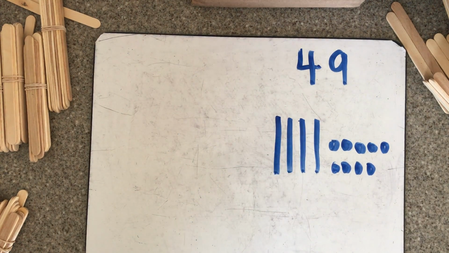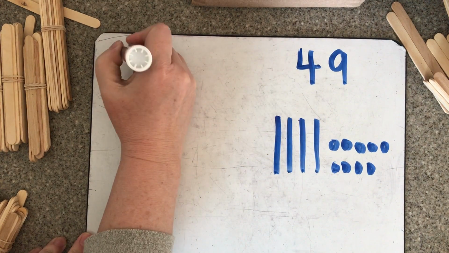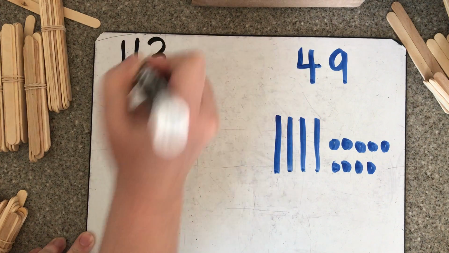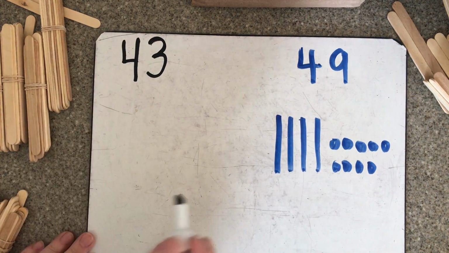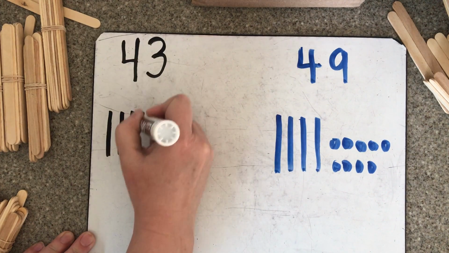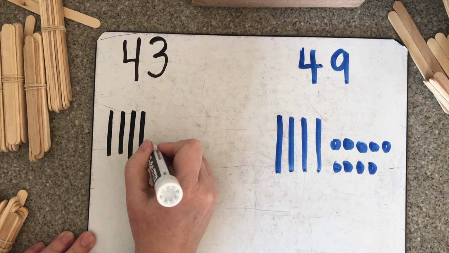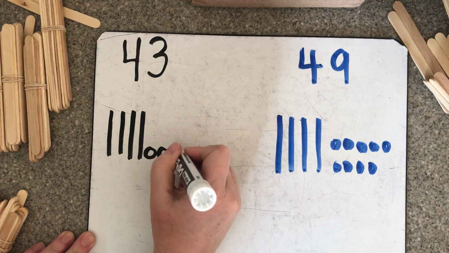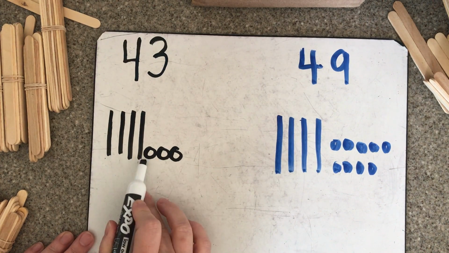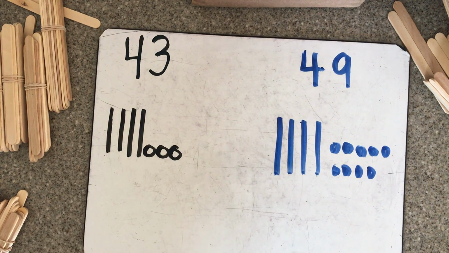All right, I'm going to make this tricky. Because I know we've been looking at those 10s, so I'm going to do another one with the same amount of 10s. I'm going to do 43. So I'm going to start with my 10s. 10, 20, 30, 40, and now my 1s. 41, 42, 43.